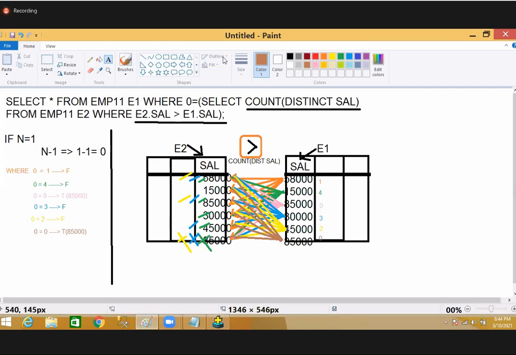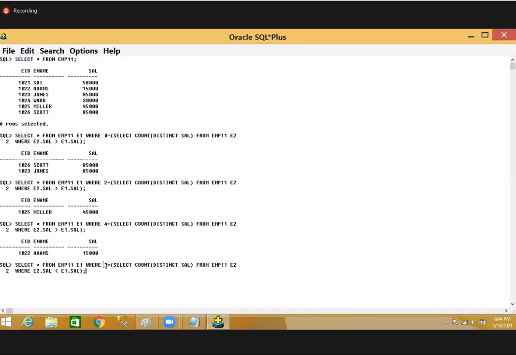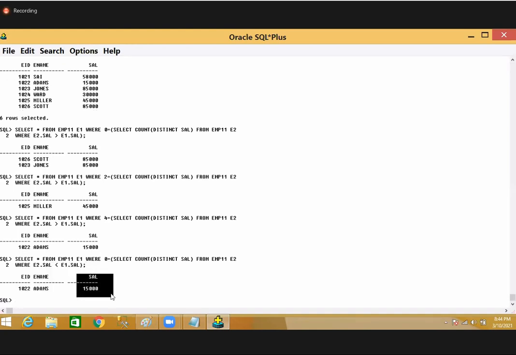But this time instead of greater than, which symbol do I want to compare now? Less than symbol, same mechanism, just follow it. So I gave first least salary 0 and less than. What is my first least salary? 15,000.